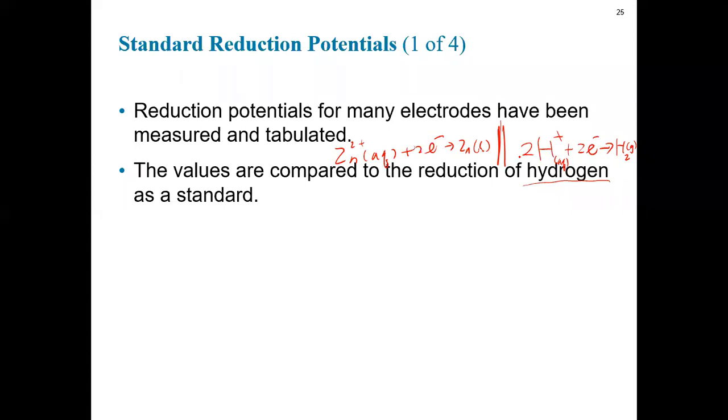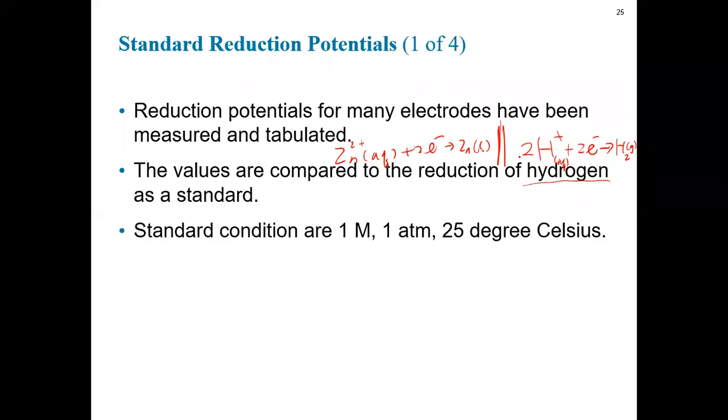You have to choose a reference, so you choose the hydrogen as the standard, which means you set it as 0. The chemical reaction depends on the conditions. The so-called standard condition is concentration.